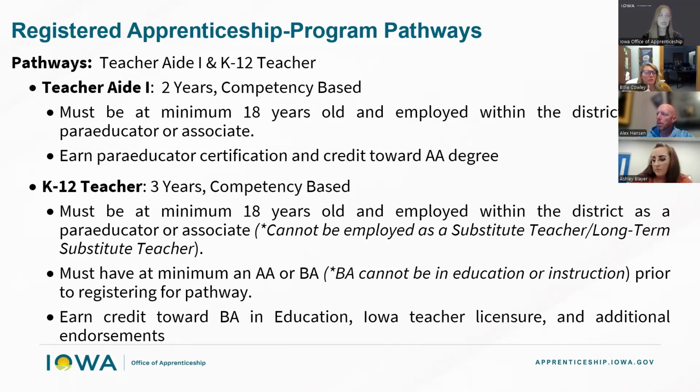That bachelor's degree cannot be in education or instruction. So if you have an apprentice with a bachelor's degree, we will need to review that degree prior to approval for registering that pathway. In the K through 12 teacher pathway, apprentices earn credit towards a bachelor's in education, towards the Iowa teacher licensure, and then additional endorsements.